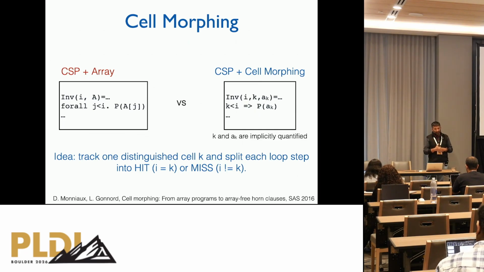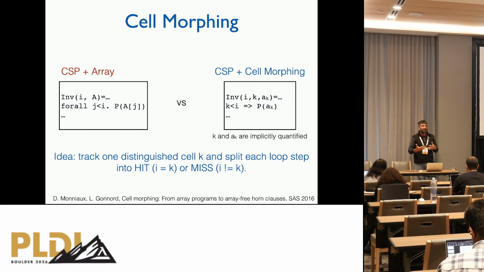So instead they propose to use another abstraction, this cell morphing, which is the idea basically of using an index instead of the whole array, and a potential value for this index. So there is an index k, you can see there, and the a_k instead of the whole array A.